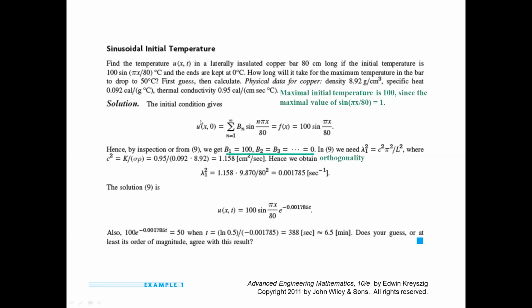The first thing I would like you to note is the sine function oscillates between 0 and 1.